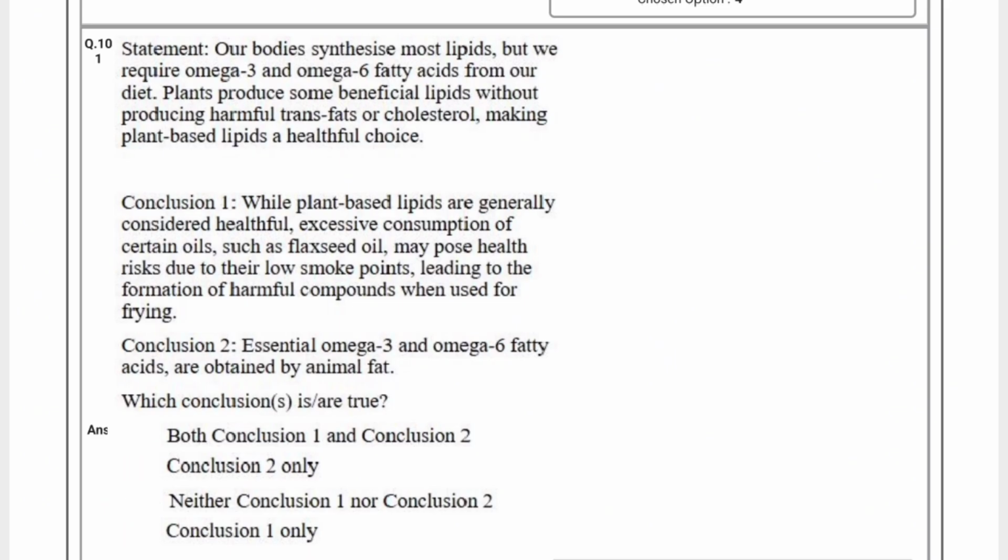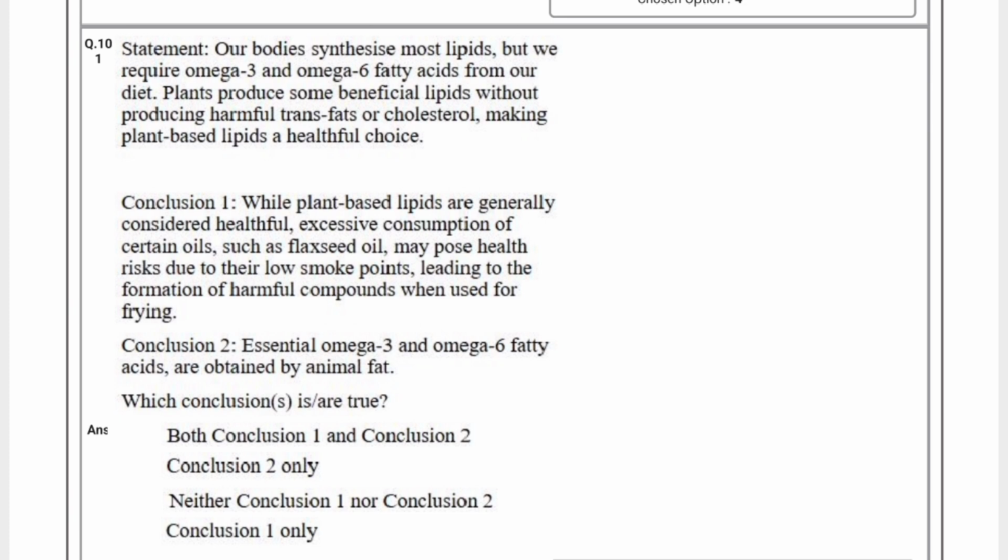Our body synthesizes most lipids, but we require omega 3 and 6 fatty acids from our diet. Plants produce some beneficial lipids without producing harmful trans fats or cholesterol, making plant based lipids a healthful choice. Conclusion 1: while plant based lipids are generally considered healthful, excessive consumption of certain oils such as flaxseed oil may pose health risks due to their low smoke points, leading to the formation of harmful compounds when used for frying.